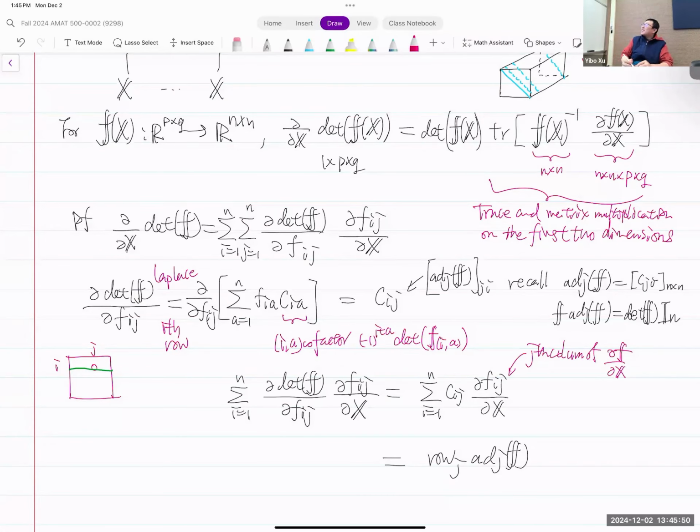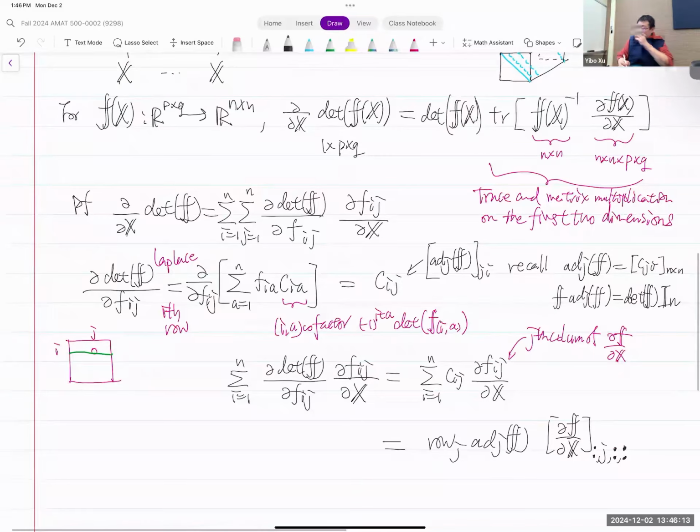But now it's a tensor, so it's actually ∂F/∂x with i running through, j fixed, but finally I have the last two indices running through also. So this is like a slice.